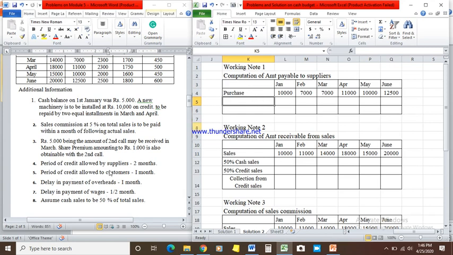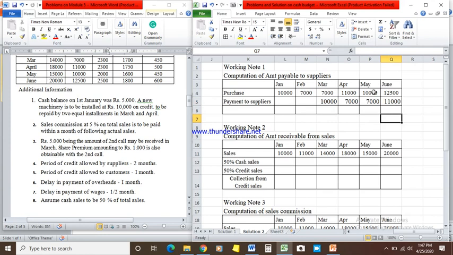Now the credit period given by the supplier is 2 months, so accordingly the payment to suppliers. January payment will be made after 2 months, that is in the month of March. February 7,000 payment will be made in the month of April. March payment will be made in the month of May. April payment will be made in the month of June.